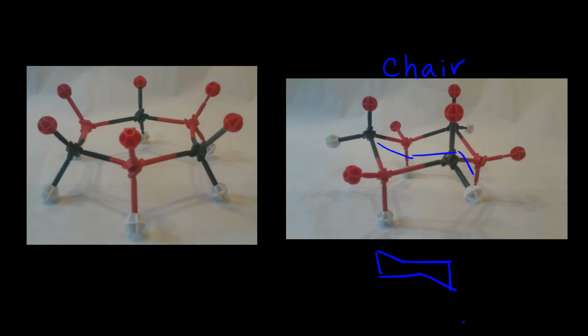And I would show the white hydrogens out like this. This one here, down here, here, and I'm going to show that one sticking out of the bottom and the back.